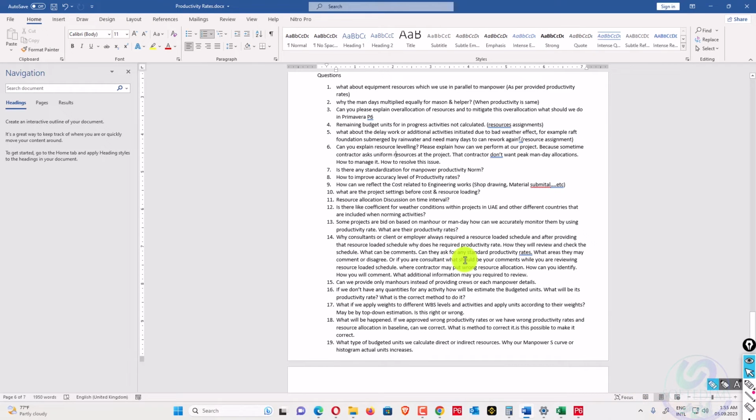Sometimes it is like this. A contractor makes a bid, and in that bid they assign some dummy manpower.